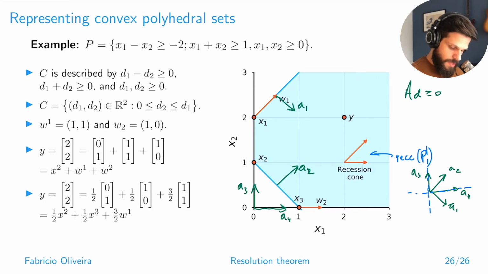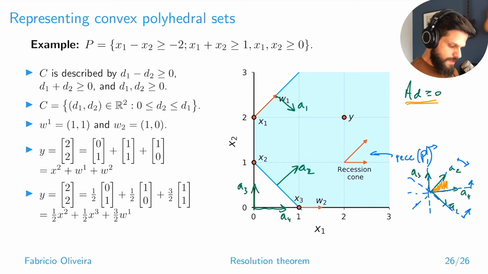To the right of this is everything that forms an angle no greater than 90 degrees with A4. This is with A2, and this is with A1. So everything that is in there, and in there, and in there, and in there. You can see that when you look at the intersection, you get exactly this bit, which is again the recession cone. So that's the representation we had before.